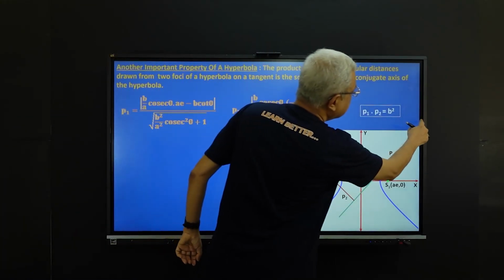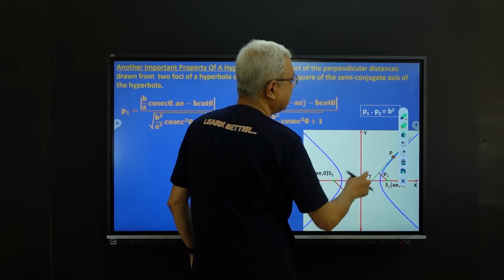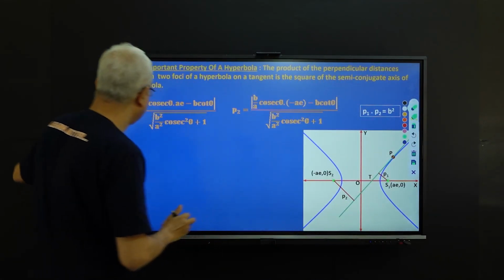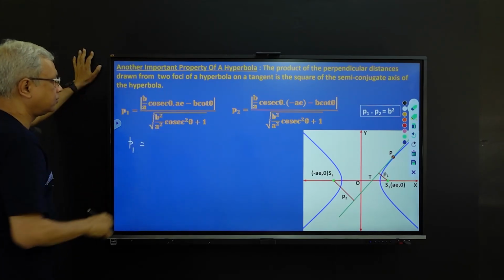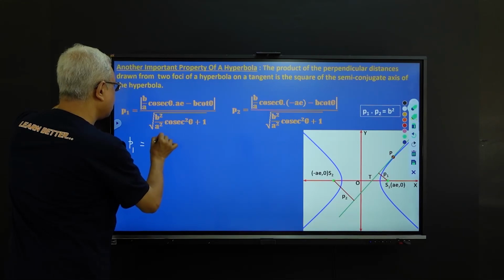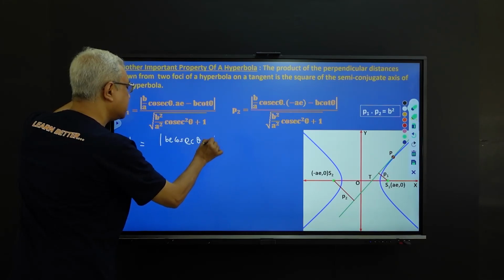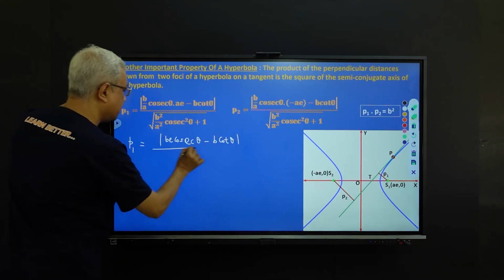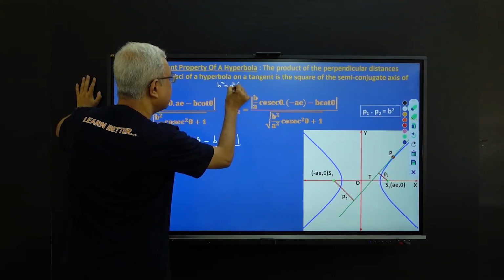So let us once again calculate the expression for P1 and P2. So P1 is, we will start from this actually. So it is mod B E cosec theta minus B cot theta divided by, you know b square is equal to a square, e square minus 1.